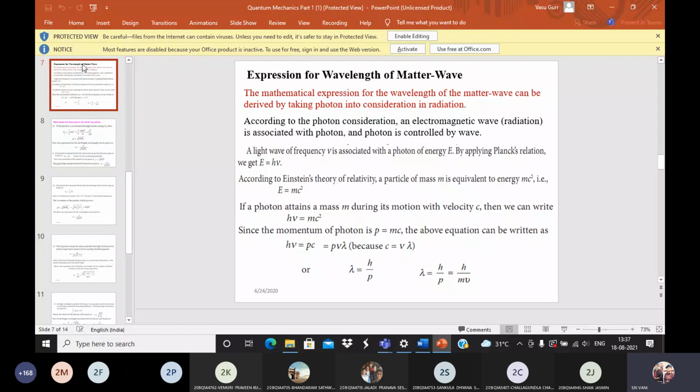5 volts and 7 volts also. The model is same, only the potential changes.